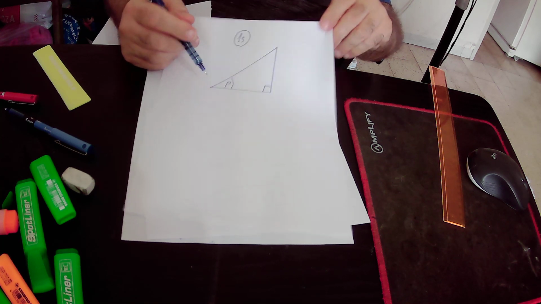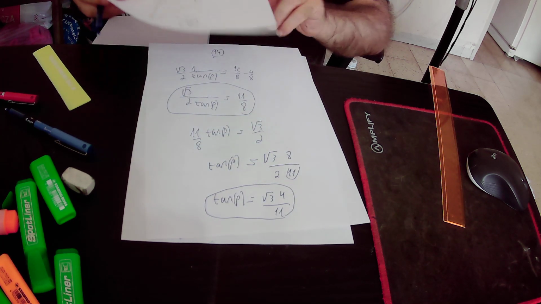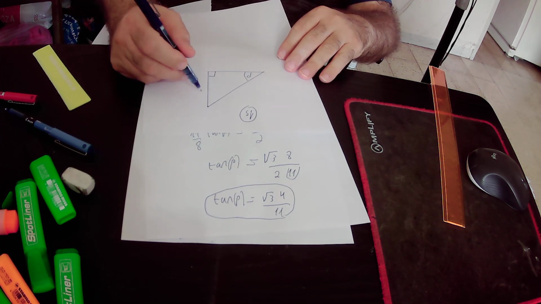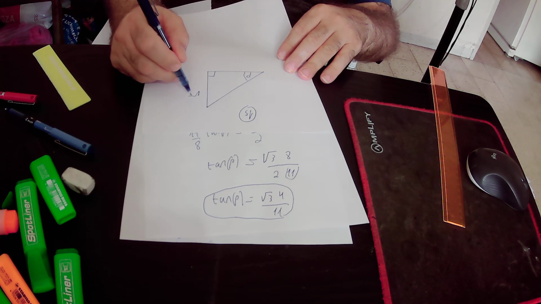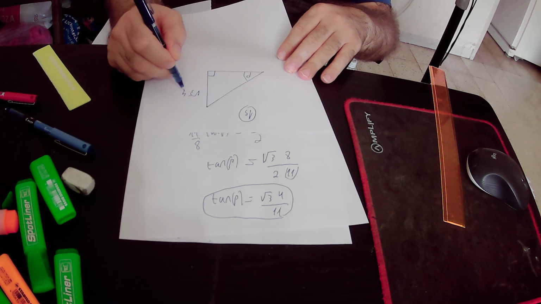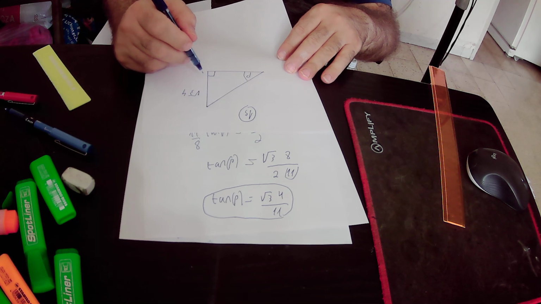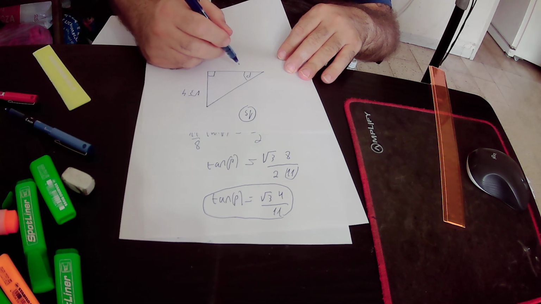So here we can write that the side that is in front of angle p is root 3 over 4, and the side that is near angle p is 11.